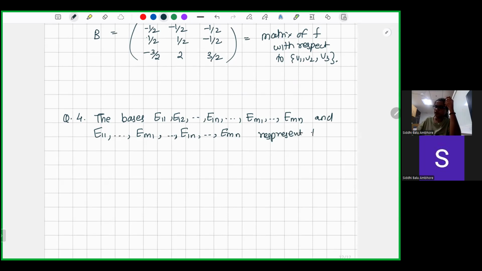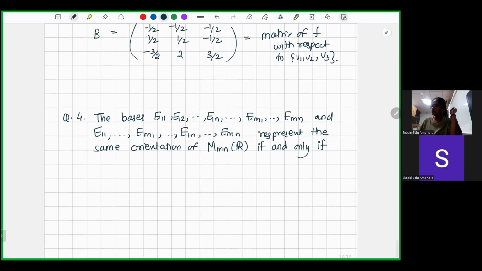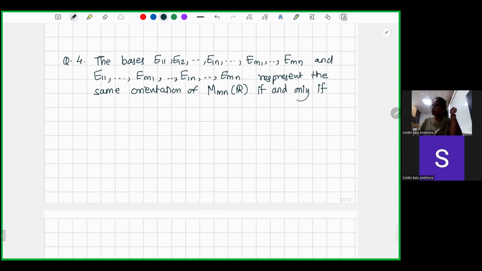So this is M cross N matrices over R, if and only if M choose 2 and N choose 2 is even.